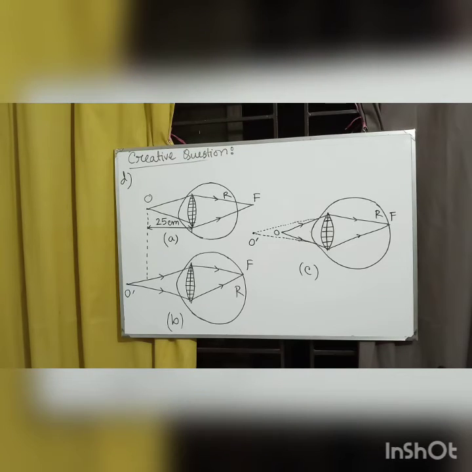Our question number D is: What type of defect of vision can be remedied by the given lens?